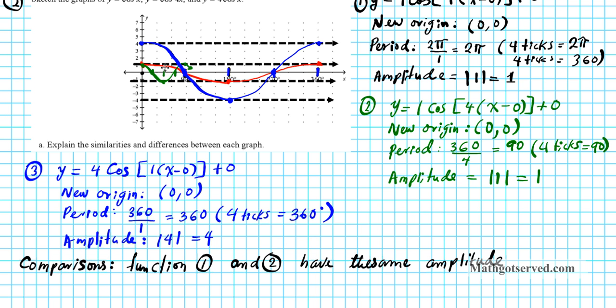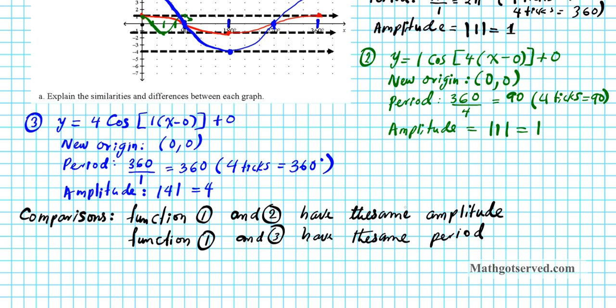What about functions 1 and 3? They have the same period, right? Another similarity, functions 1 and 3 have the same period. Is there a similarity that all 3 functions share?